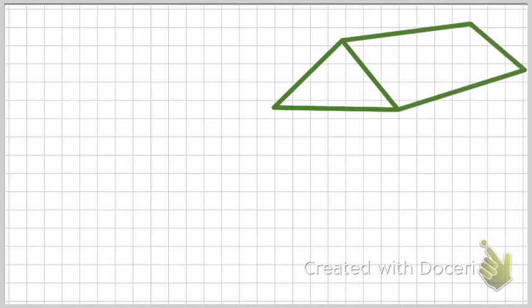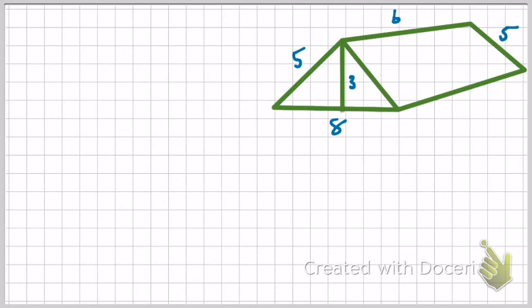Why does it do that? Stop it. It keeps jumping over. I don't know why. Fixed it. Okay. It tells us this is 5. This is 8. This is 3, 5, and 6.